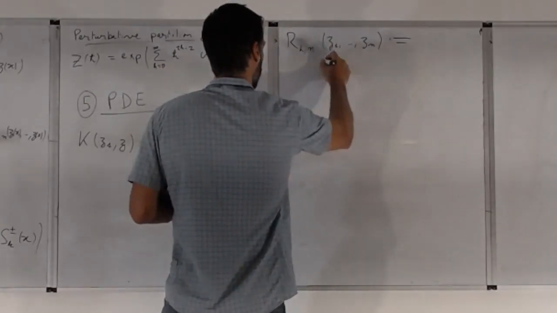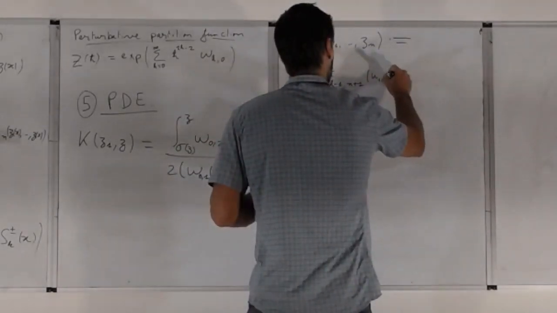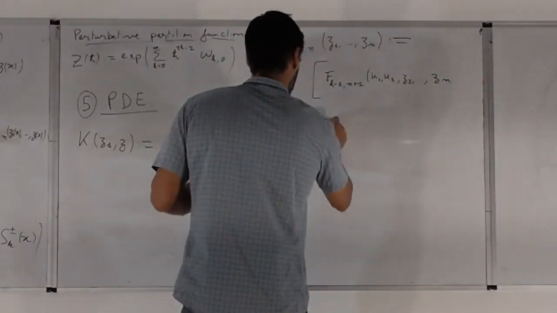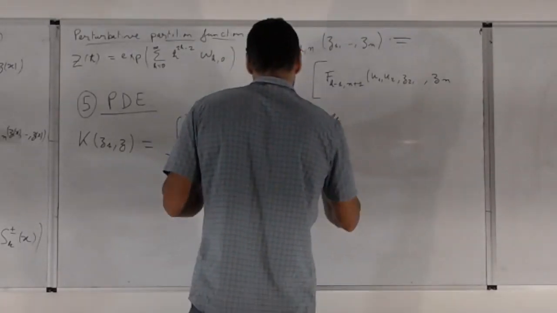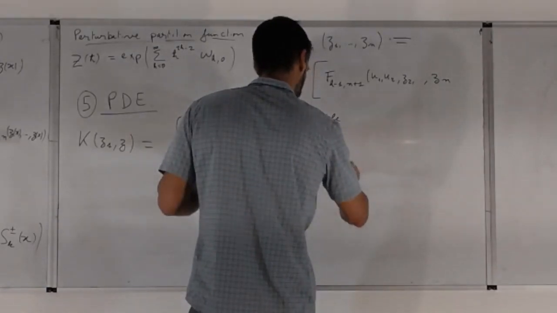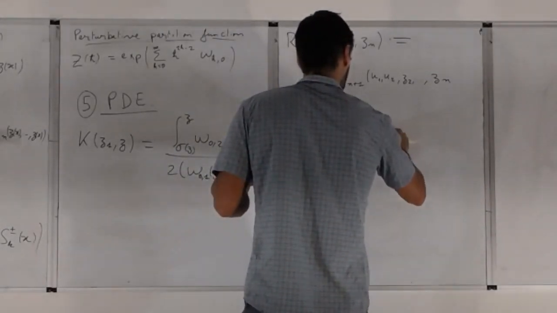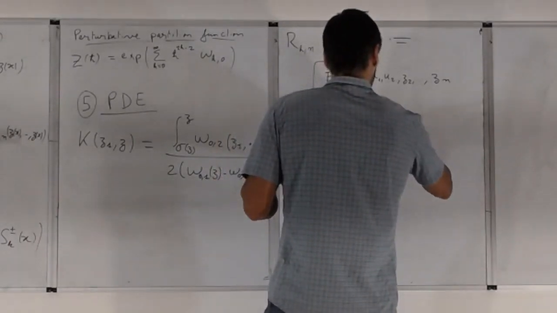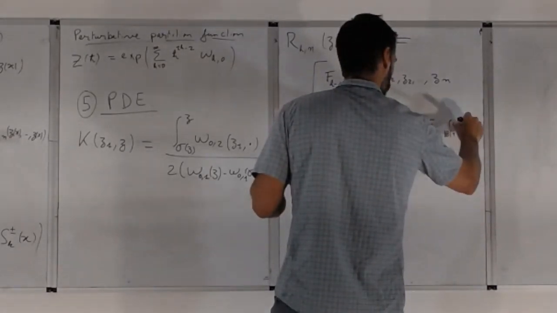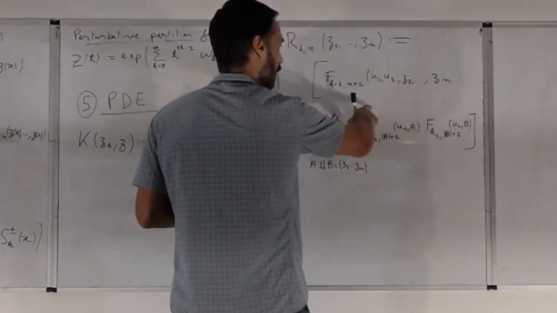So you take F_{h-1,n+1} of u1, u2, z2 up to zn, plus the sum over stable cases h1 plus h2 equal to h, A and B being a partition of z2 to zn, of F_{h1,|A|+1} of u1, A times F_{h2,|B|+1} of u2, B. So I get this big thing, a function of u1, u2.